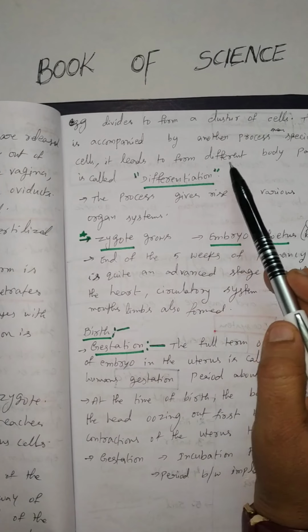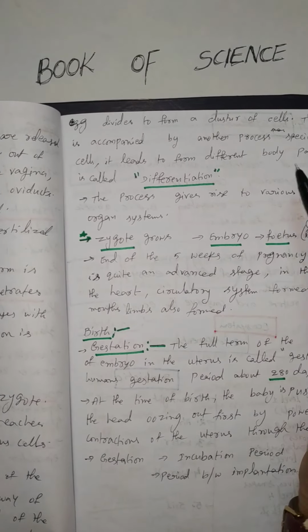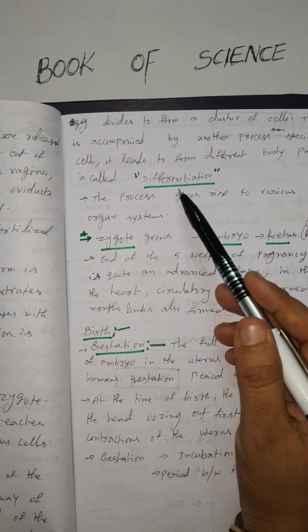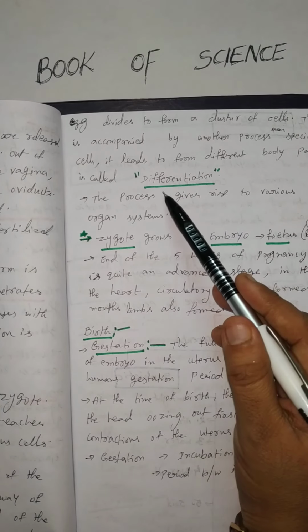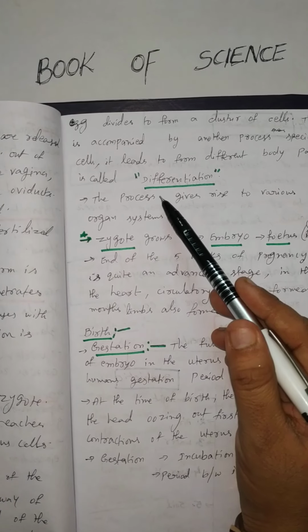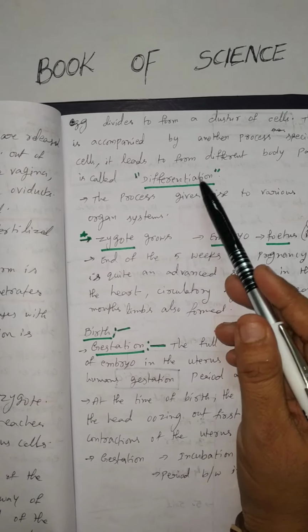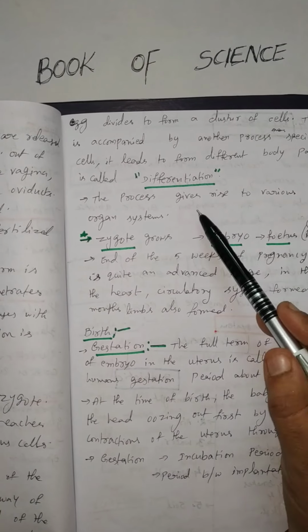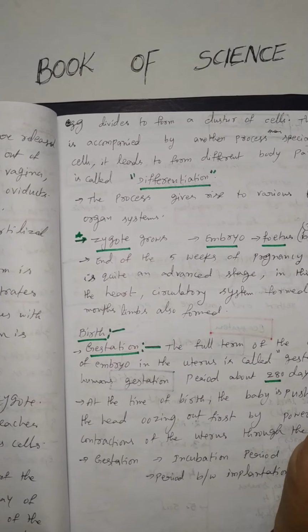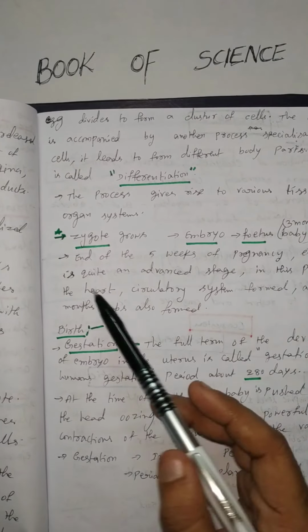It leads to the formation of different body parts. The process is called differentiation. It means many body parts are formed, like legs, hands and other organs. The process gives rise to various tissues, organs and organ systems.